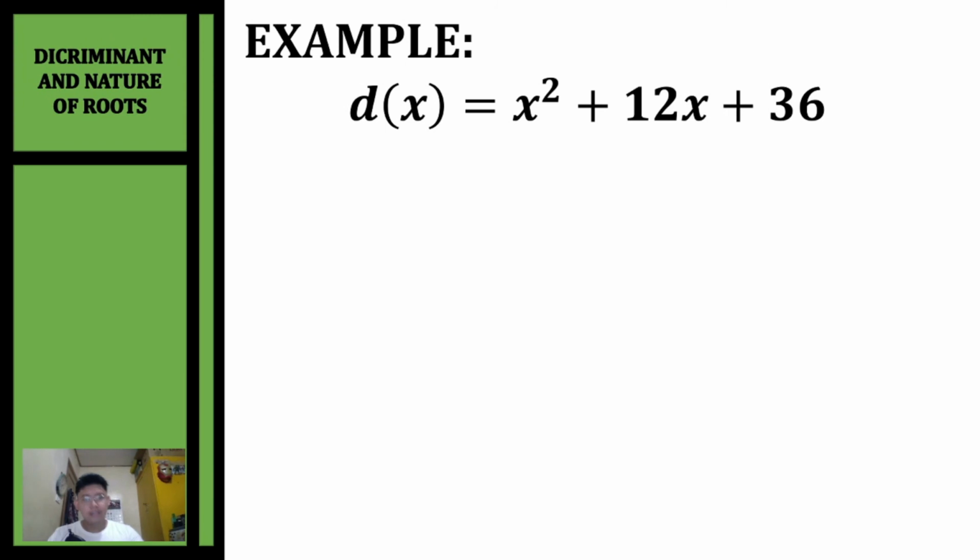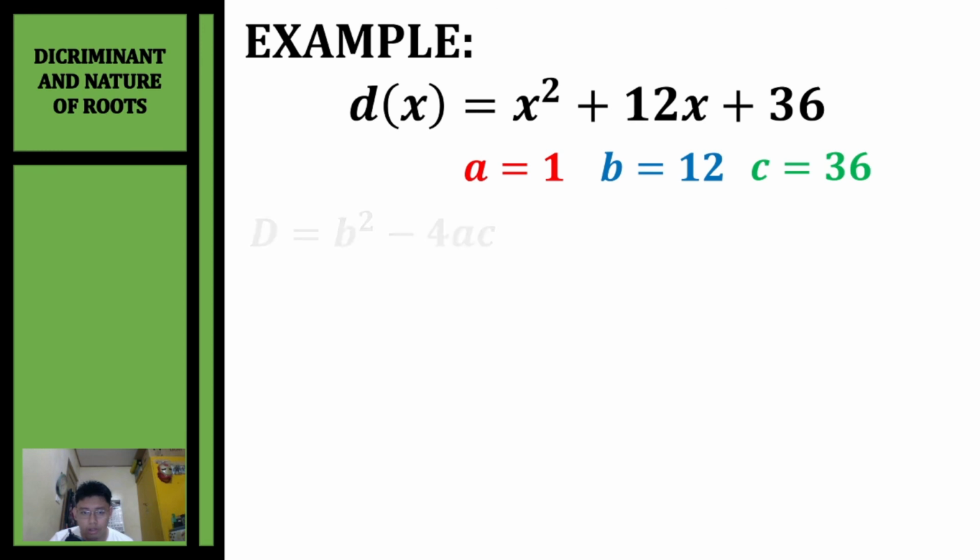Alright, let's have our last example for today. We're going to find the discriminant and nature of roots of this quadratic function. First step is for us to find the discriminant, and we need to get the values of a, b, and c from our standard form. Our a is equal to 1, our b is equal to 12, and our c is equal to 36. Now let's substitute this to the formula of our discriminant, b squared minus 4ac.